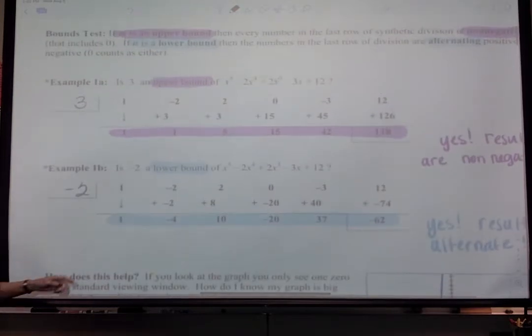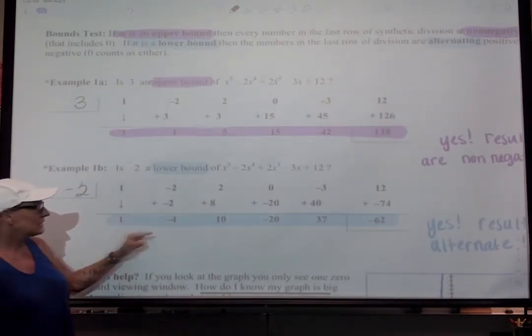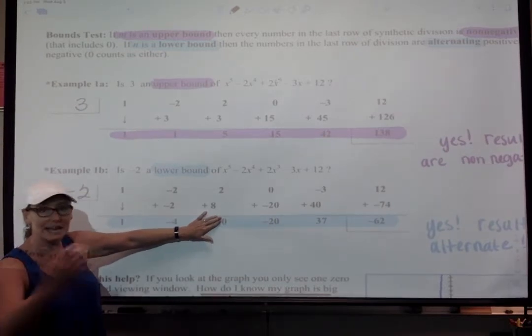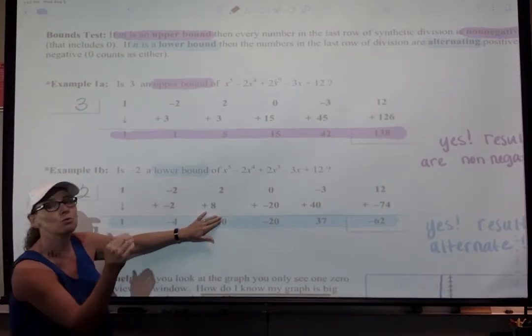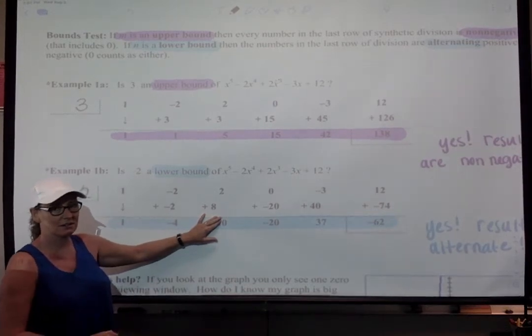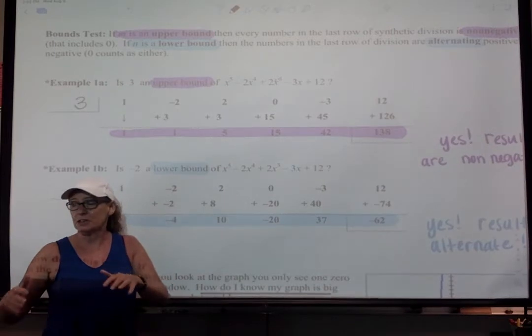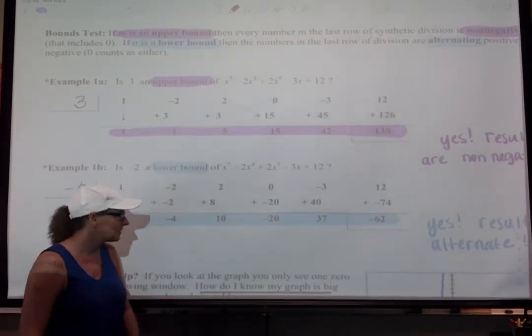And one more thing, if let's say this number were a 0, 0 can be counted either as a positive or a negative when you're doing this test. Like, don't go telling everybody, hey, Miss Neal said 0 can either be positive or negative. No, that's not what I said.